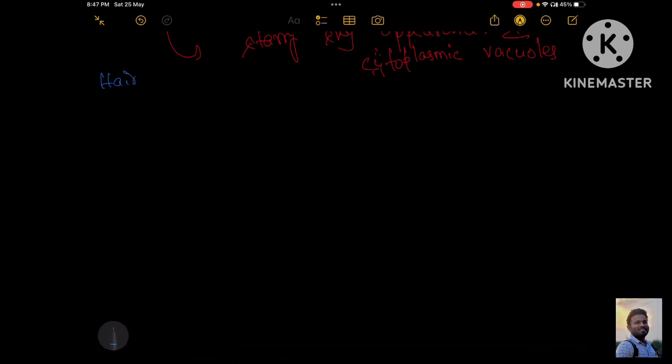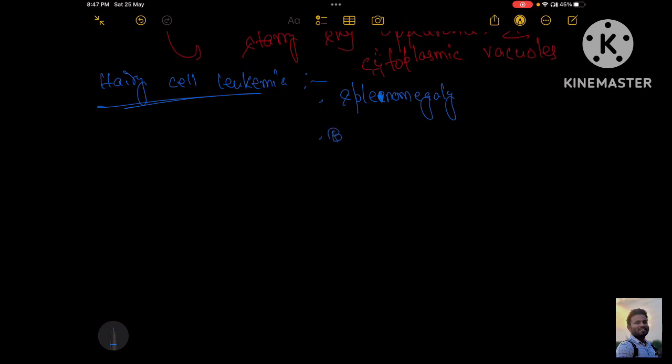Next is hairy cell leukemia. It is associated with splenomegaly. The mutation is BRAF V600E and annexin A1.